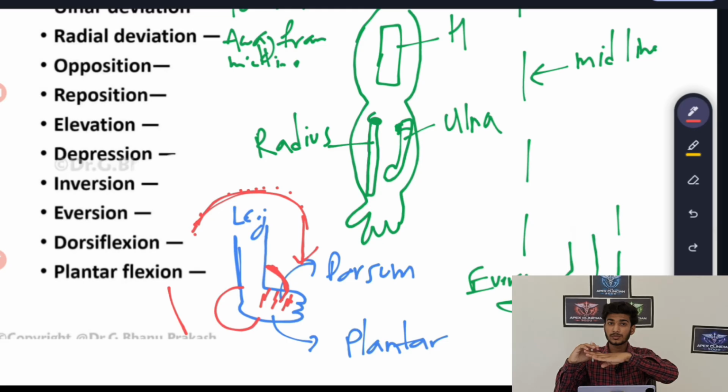The confusion might arise that when the plantar region is moving downside, it should be called dorsal extension, but it is not called dorsal extension because the plantar region is trying to reduce its angle with respect to the posterior part of the leg. So it is called plantar flexion and not dorsal extension. So remember this.